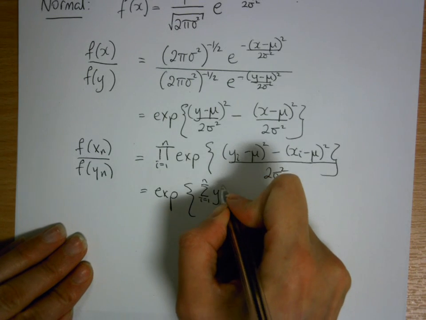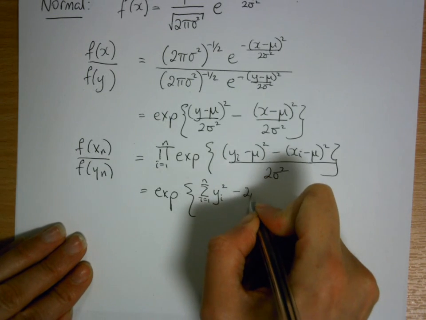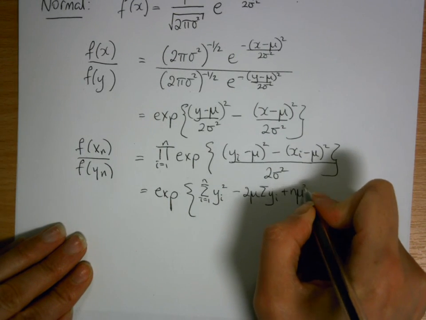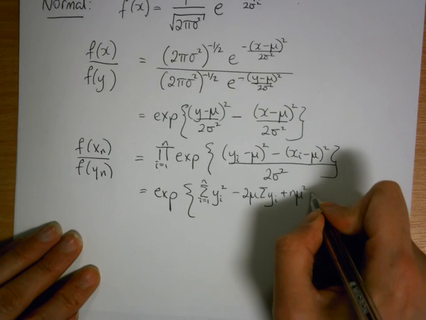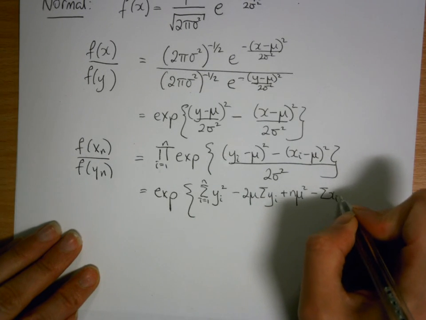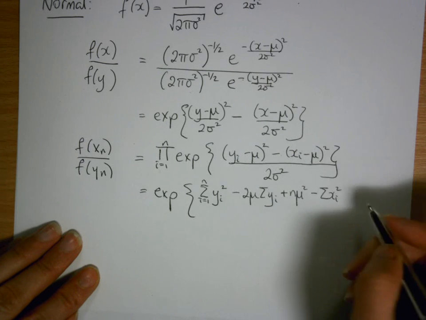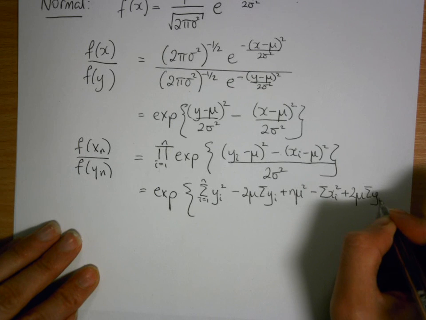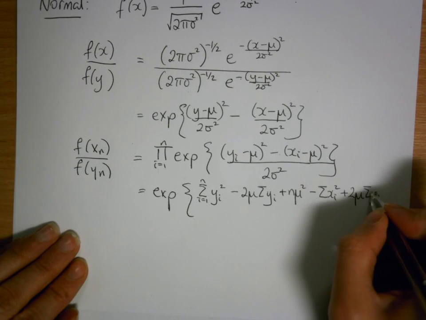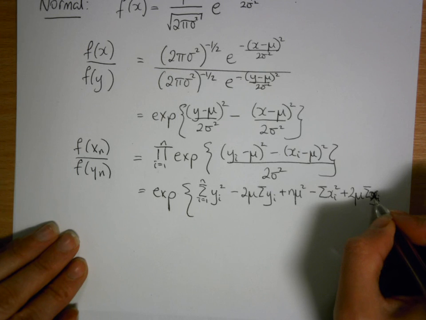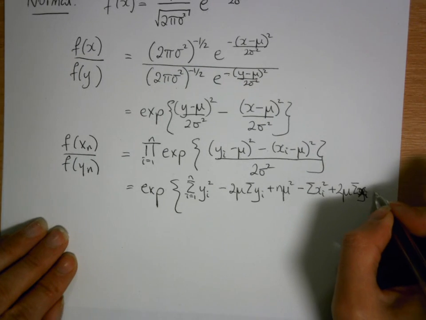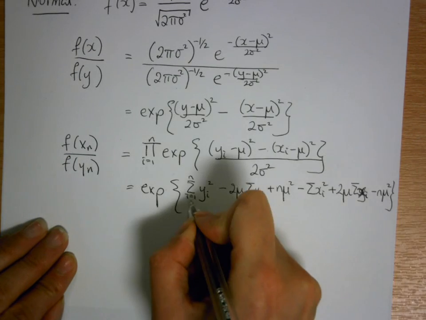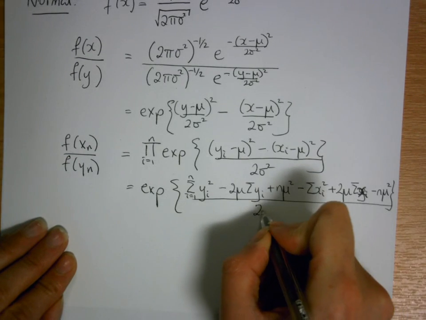So yi squared minus 2 mu times the sum of yi plus n mu squared, and then we have minus the sum of xi squared, and then plus 2 mu the sum of xi, and minus n mu squared, and all of this is divided by 2 sigma squared.